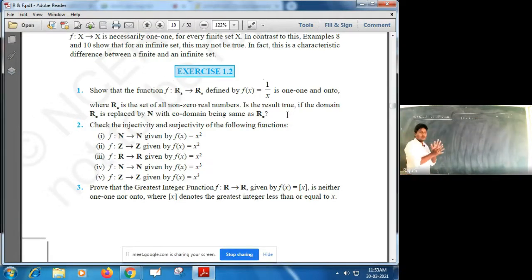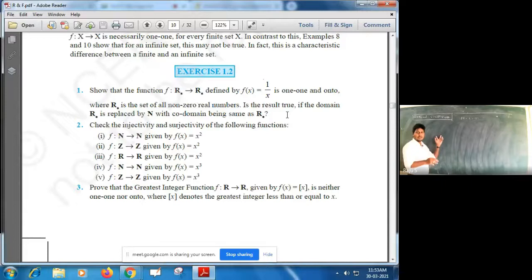We just have to use these two tests. The vertical line test can be used to check whether the given relation is a function or not. If they give any curve, we have to check graphically.